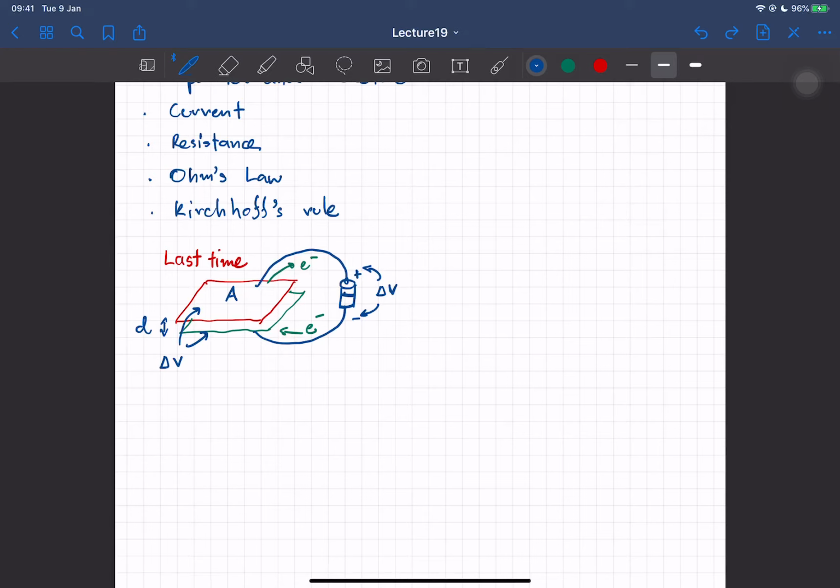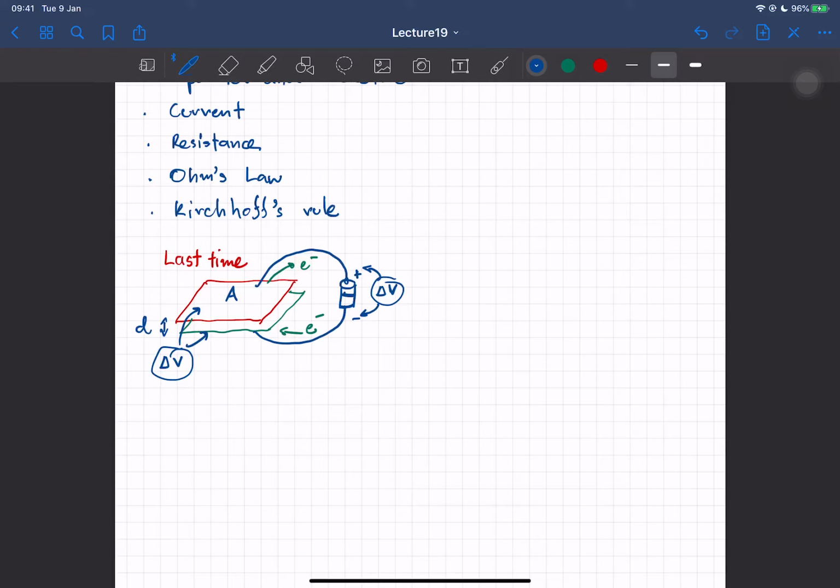So that thing might or might not happen. Usually it doesn't happen, right? So in the end, the potential difference between the top and bottom plate, which is delta V, is equal to the potential difference of the battery. Then we say the capacitor is fully charged. So charge, like electrons, stop moving.